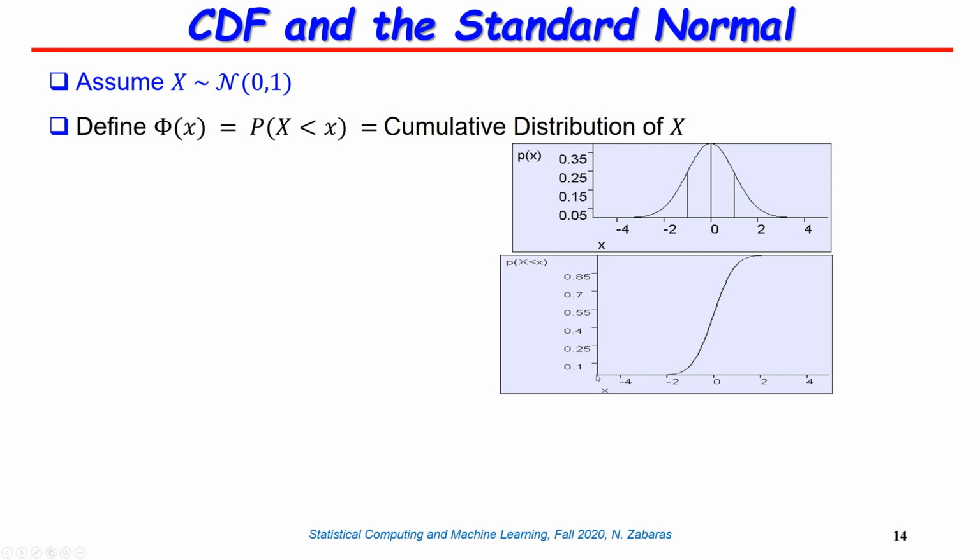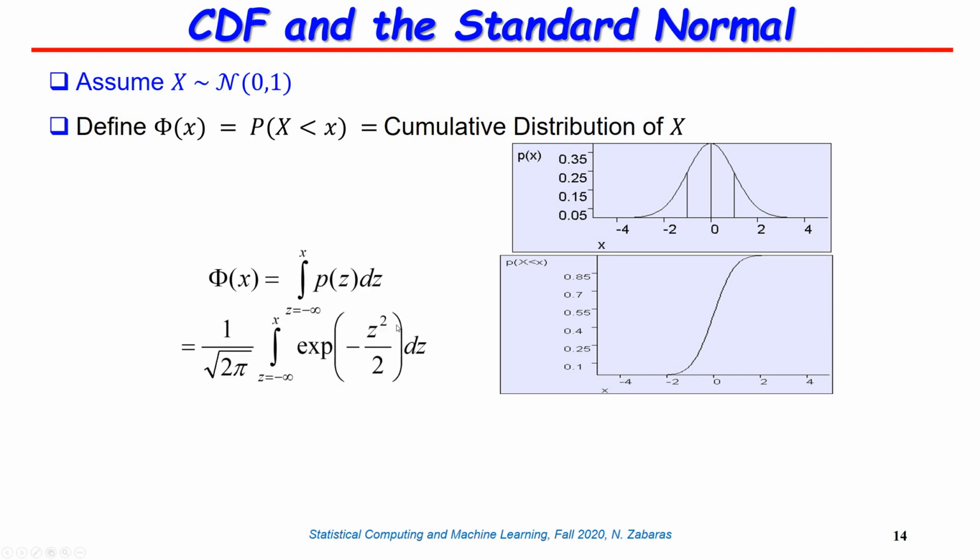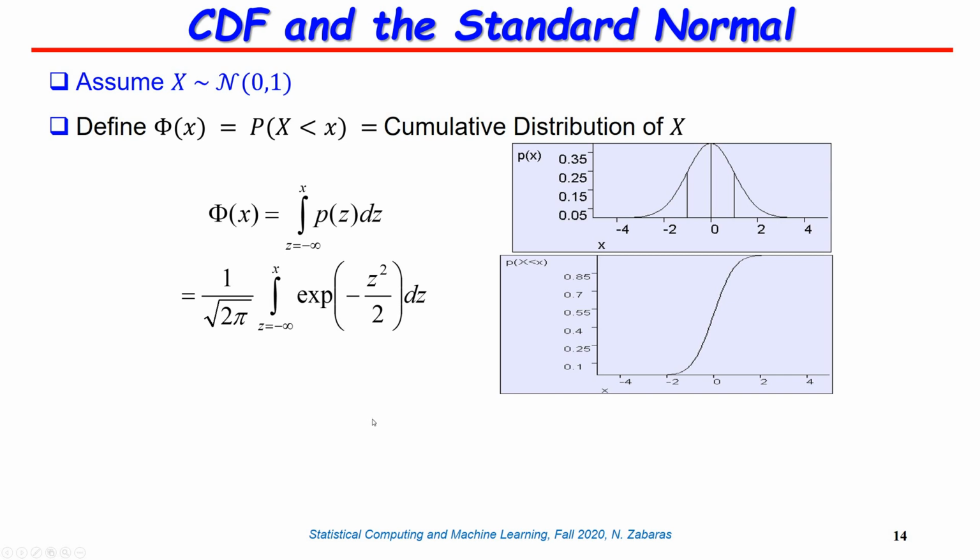You remember you integrate from minus infinity to a given location x. So it goes from 0 all the way up to 1. And this is the explicit definition of the standard Gaussian. Remember, the standard Gaussian has a mean 0, so that's why you get a z squared there, and it has a variance 1, right? So that's why you only get a 2 there.